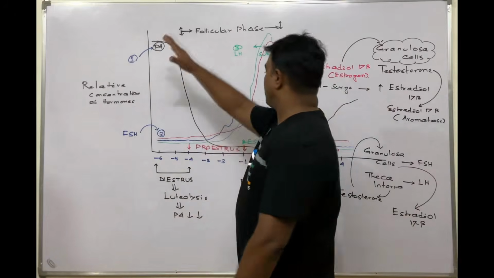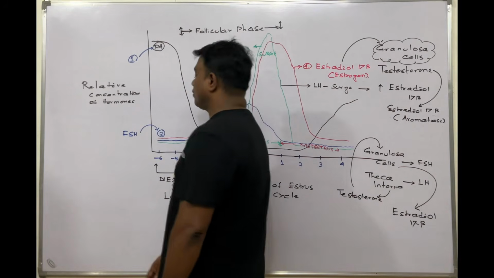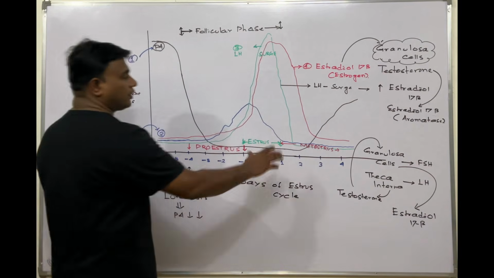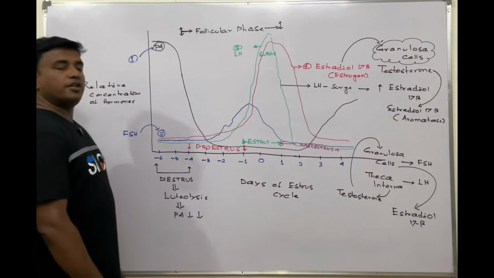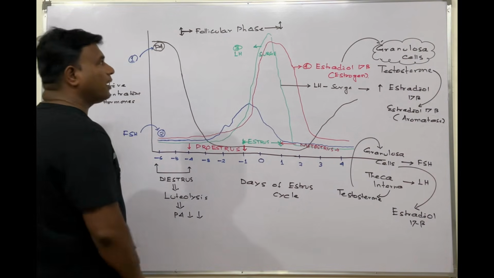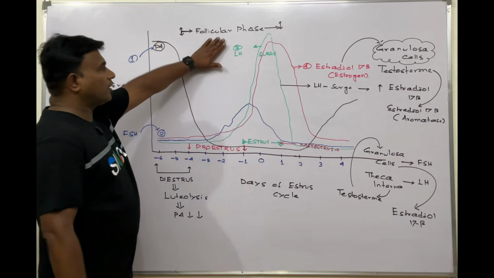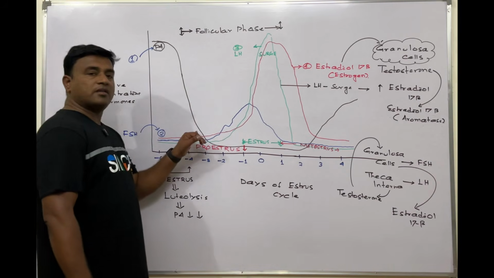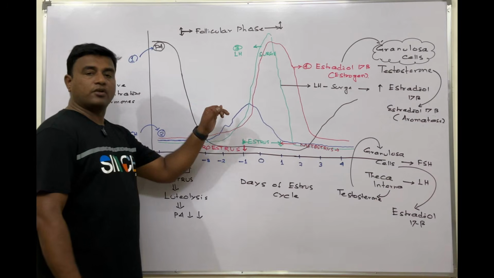So this finishes the explanation of the hormone levels during the different phases of the estrous cycle. I tried my best to show that during the follicular phase, the FSH level is high, the estrogen level is going to be high.